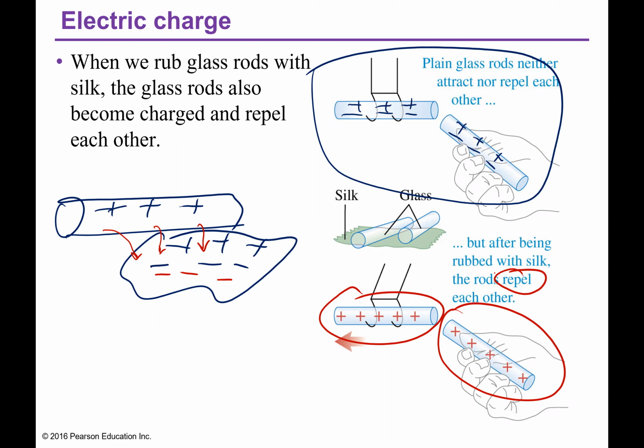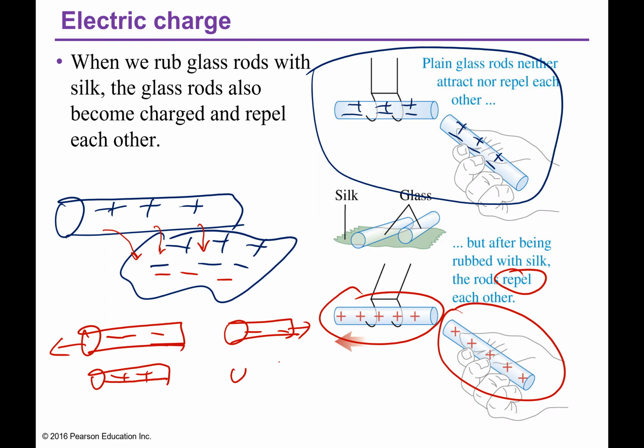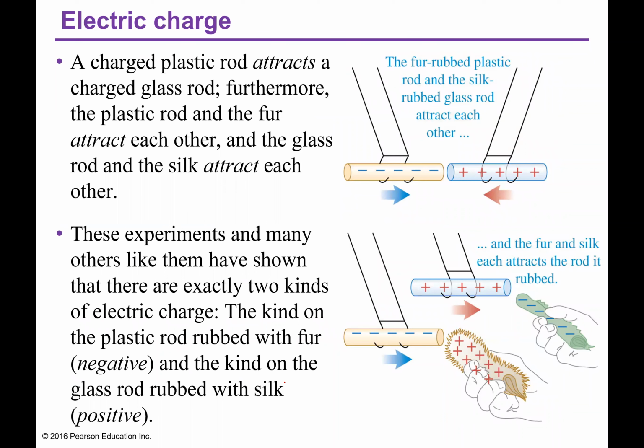So if you have a negative and another negative, negatives repel each other. If you bring a positive with another positive, again, they repel each other. That's what we have seen up to this point.